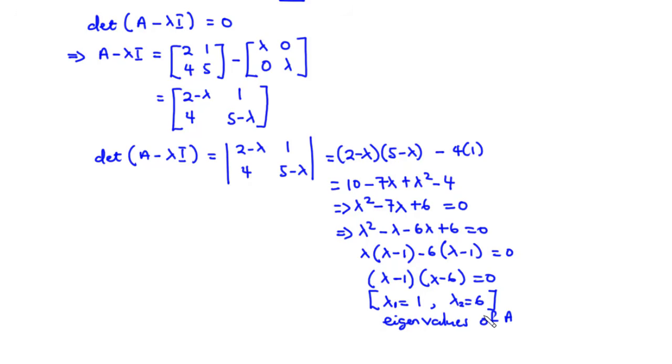Now at this point, we are going to find the eigenvectors that correspond to lambda 1 and then lambda 2. So to find the eigenvectors that correspond to lambda 1 and lambda 2, let's take the eigenvalues one at a time. So we have, lambda 1 is equal to 1. We are trying to find the eigenvector that corresponds to this eigenvalue.